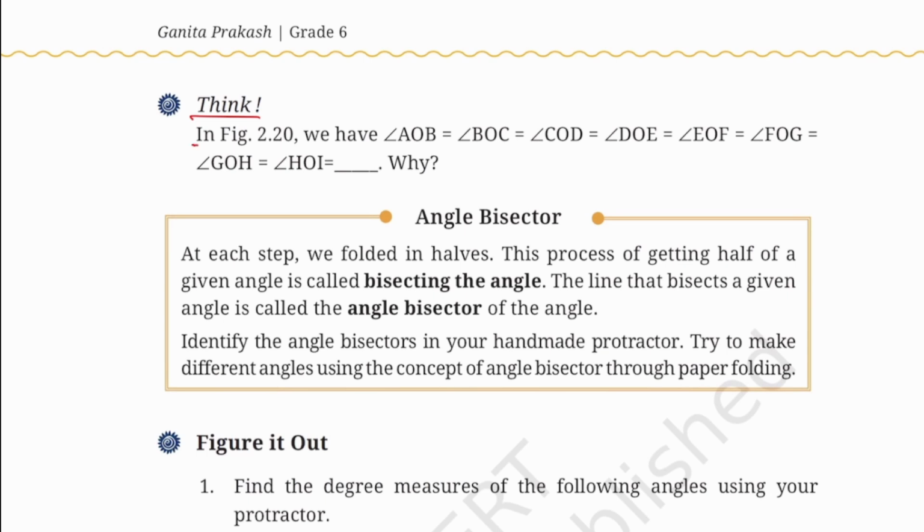In figure 2.20, we have angle AOB equal to angle BOC, angle COD is equal to angle DOE is equal to angle EOF is equal to angle FOG is equal to angle GOH is equal to angle HOI, that is equal to 22.5 degree. Why?